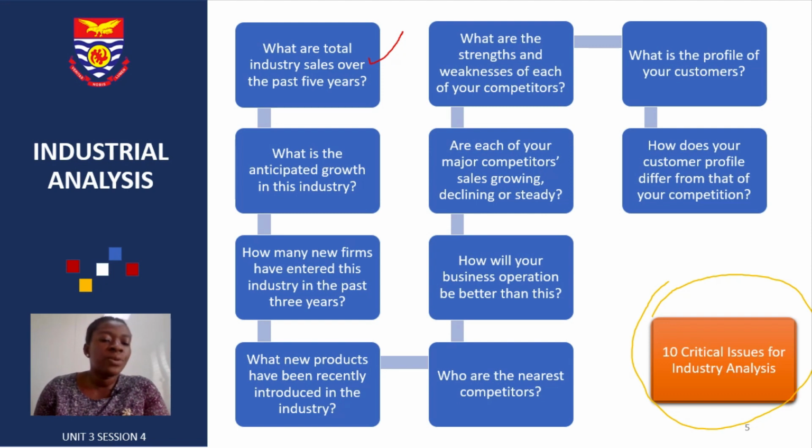How many new firms have entered into the industry in the last 5 years? We made mention of the threat of new entrants when we were doing the competitive analysis, and we said these are very key. If it's an industry where a lot of people easily come in, that means the barriers to entry are low. It could be that the capital needed is less, that's why people are just coming in.